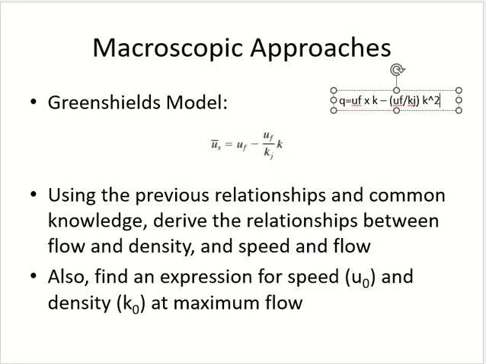So what will I get? Q equals US over KJ minus US square. Let me just repeat one step more.